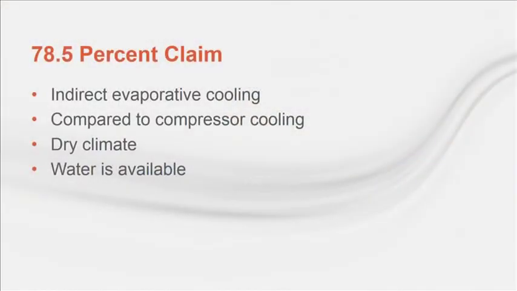As we covered in the ENL last year, using something like IPLV for chiller comparison is too simple, since it's the same in every climate and building, and not even close to accurate. So use the right tool for the job. Let's take that 78.5% claim. Now, we compared indirect evaporative cooling with compressor cooling.